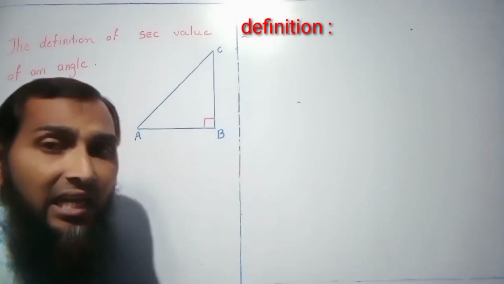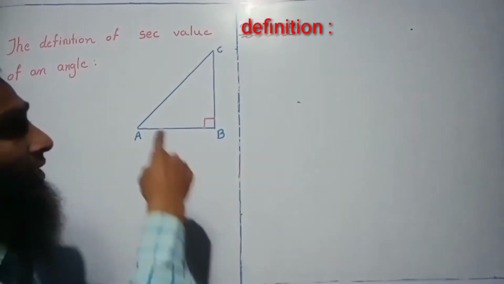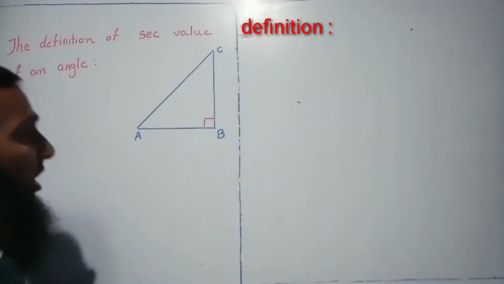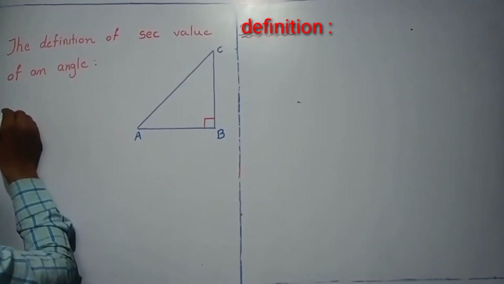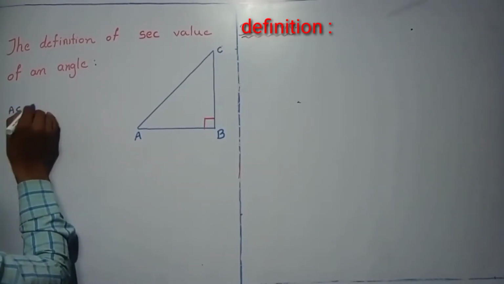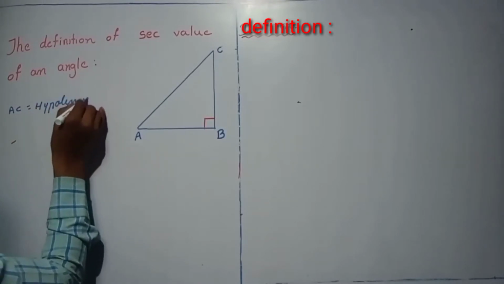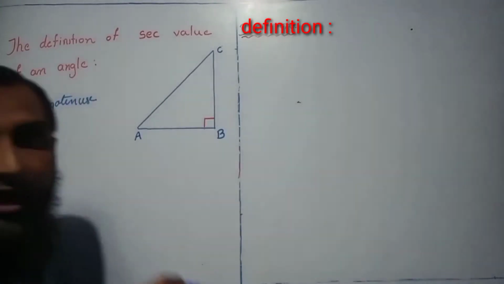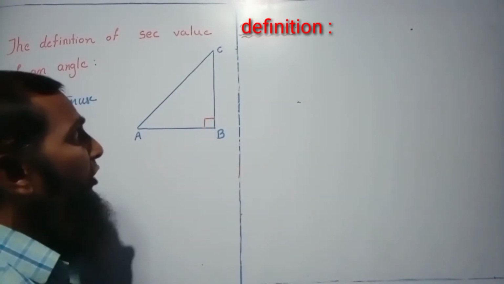Always in a right angle triangle, the side opposite the 90 degree angle is called the hypotenuse. So here, the hypotenuse is AC.